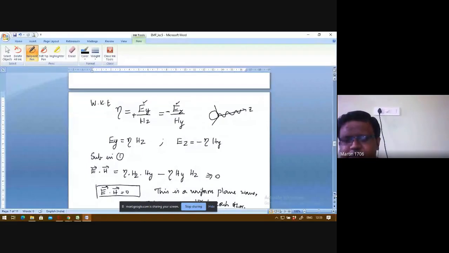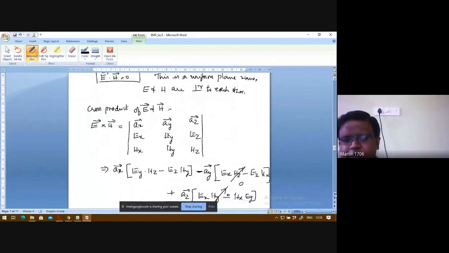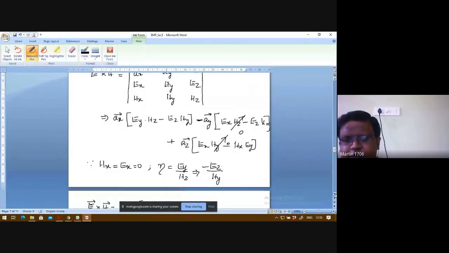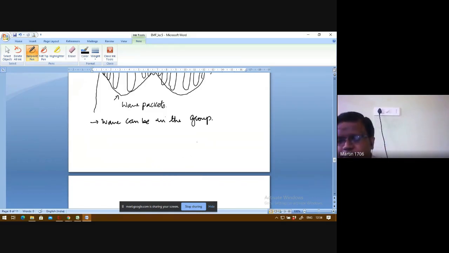Wave packets are otherwise known as a wave guide, guiding the electric and magnetic field in a protected form. So the definition for the wave packet: a wave can be in a group, and such a group is nothing but a wave packet.